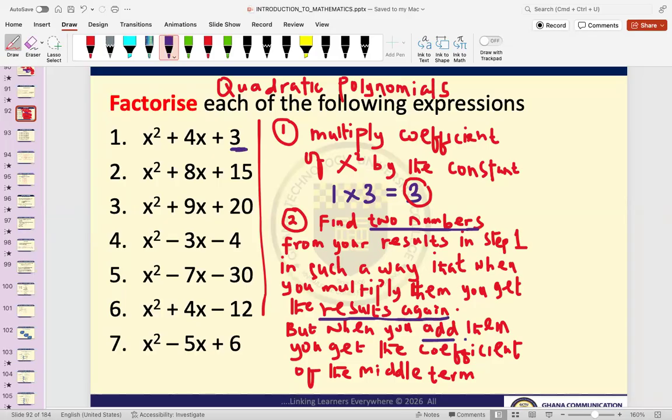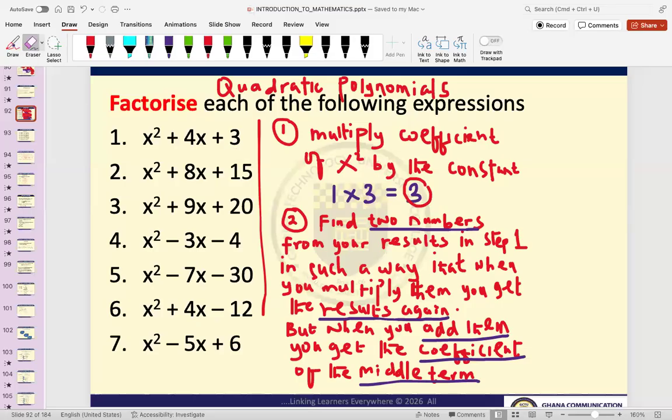But when you add them, you get the coefficient of the middle term. In other words, I should look for two numbers for 3, in which when I multiply, I'll get 3. But when I add the two numbers, I'll get the number which is in front of the x in the middle term. That is what I wrote, the coefficient of the middle term, 4. That is what the step is saying.